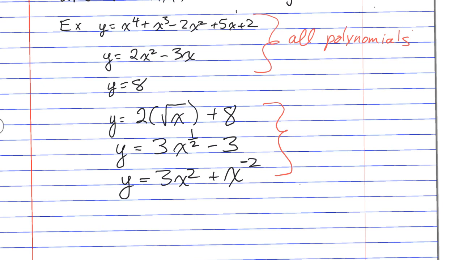Okay, anything with a fractional exponent, like this one here, right? Fractional exponents are not polynomial either. And negative exponents are not polynomial. So if you have any of those things in a problem, these are not polynomials.